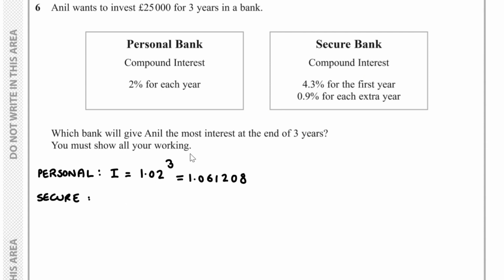And if we now take a look at secure bank, for secure bank we've got the interest, which is equal to 4.3% for the first year, so here we've got 1.043, and then we've got 0.9% for each extra year. So if we're investing for 3 years in total, we're going to have 2 extra years. So here we've got 1.009 squared.